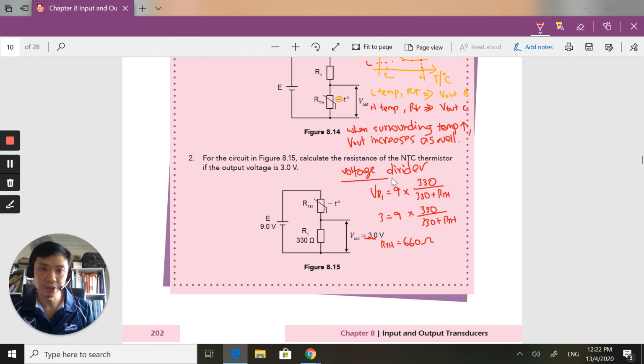I've got 9 volts, and it's to be shared between these two. So this 330 takes 3 volts out of a total 9, so 330 out of a total of this 2. So I got to add this 2 in my denominator. From here on, it's math. Once you work it out, your RTH is 660 ohms.